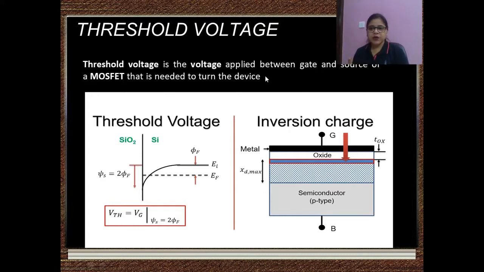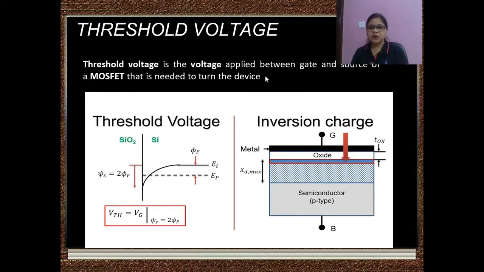So it is very important to understand what the actual estimation of the threshold voltage will be, because once we have derived the threshold voltage, it will give a value of voltage at which the device will start conduction. So it may be 1 volt, 2 volt, or 0.5 volt. Later on we will see that this threshold voltage also contributes to power dissipation.